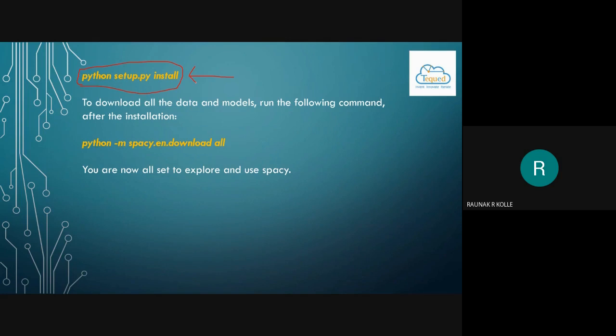And then to download all the required libraries, you can use python -m spacy.en.download all, which is right here, which will download all the necessary libraries and packages to run spaCy. You are now all set up to explore and use spaCy.